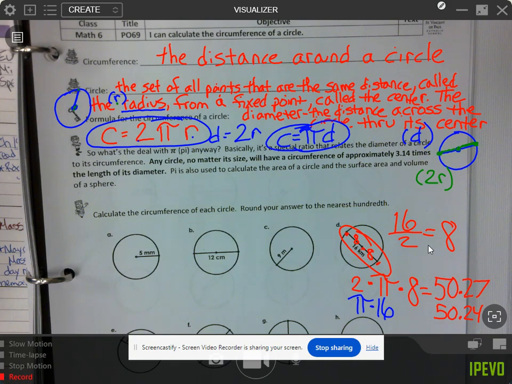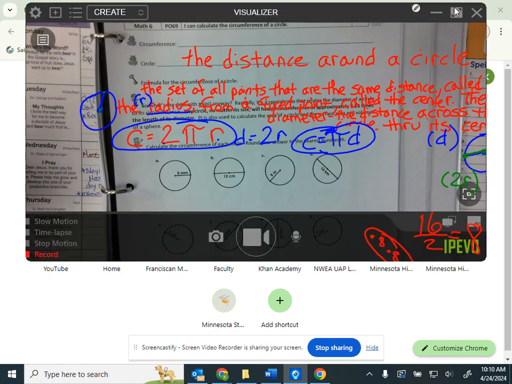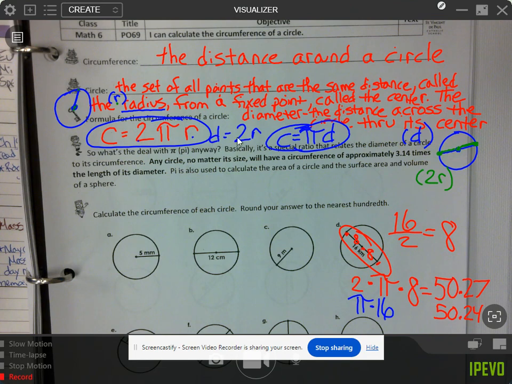Any other questions? So again, if you're given the radius, you have to multiply it by 2 to get the diameter, and then you multiply it by pi. If you're given the diameter straight up, you just have to multiply it by pi. Again, you could do 3.14, or you could do the pi button on your calculator.